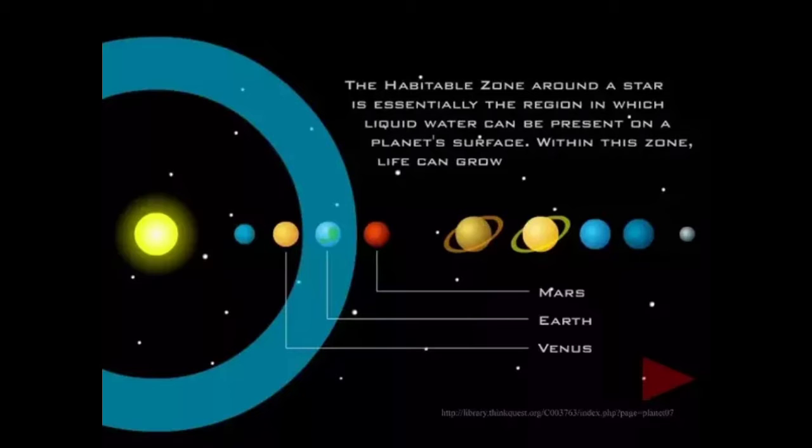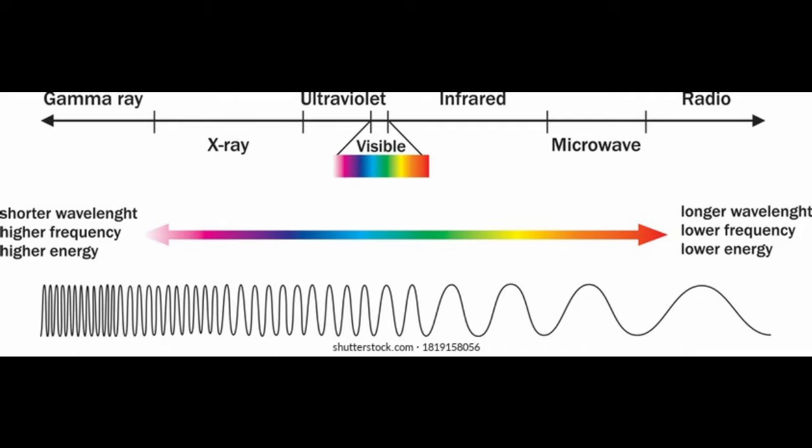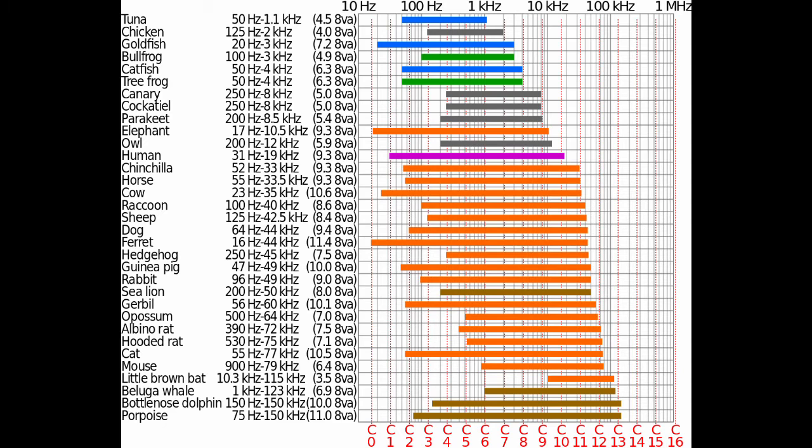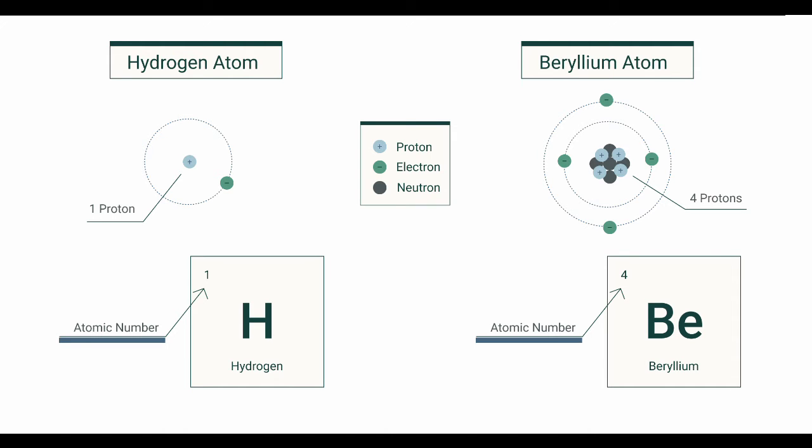So in some of my previous videos, I talked about the light frequency and sound frequency and how everything is basically tied into frequency. Even chemical reactions are pretty much tied into frequencies, because every atom on this planet has a different amount of protons, electrons, and neutrons, and because of that, it would literally give every atom a different resonant frequency.